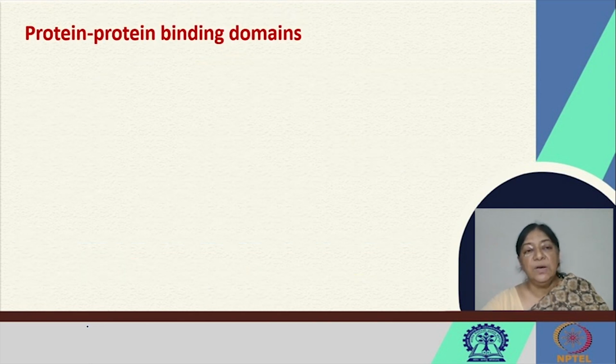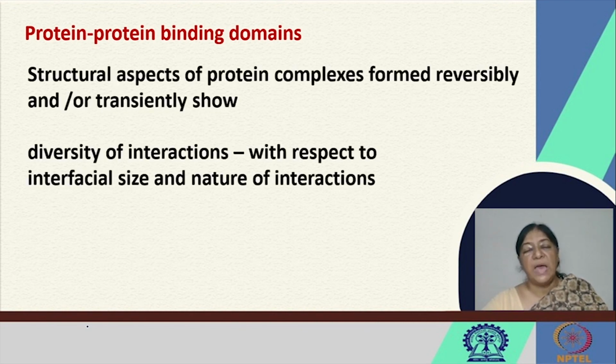When we consider now the protein-protein binding domains, we try to understand what kind of interactions, what kind of residues are involved in these interactions, and whether there are common motifs that are involved in the recognition of protein-protein interactions.